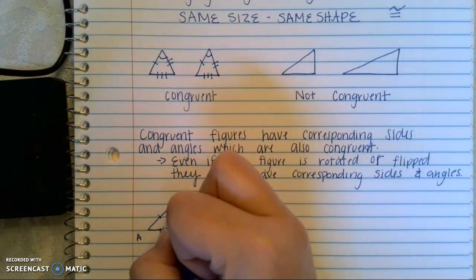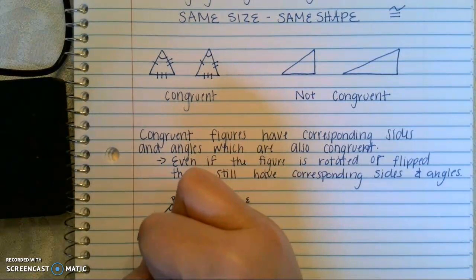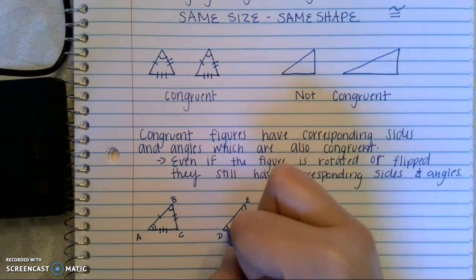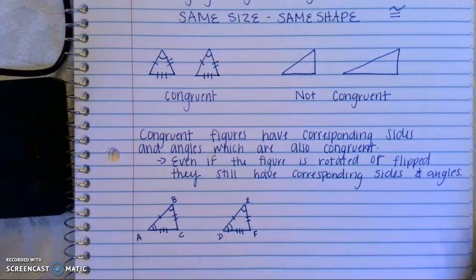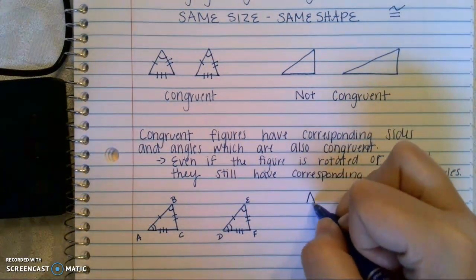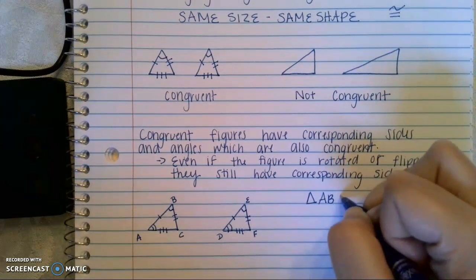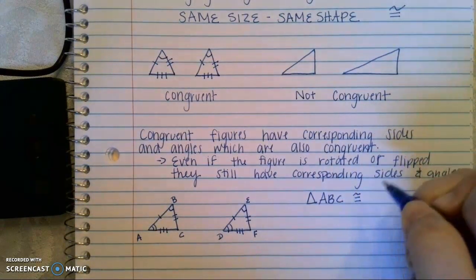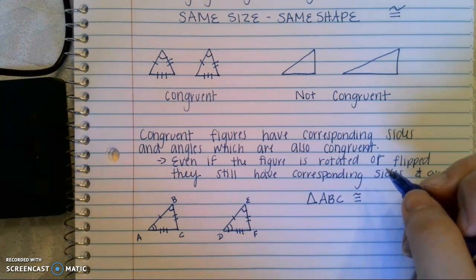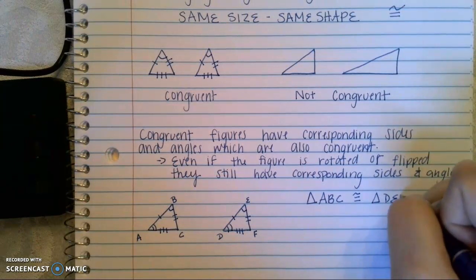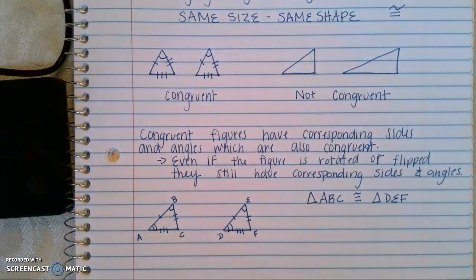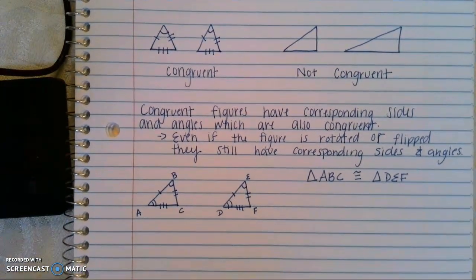I'm also going to do that on my angles. And I'm telling you that triangle ABC is congruent to triangle DEF. And I want you to identify all of the corresponding sides and all of the corresponding angles.